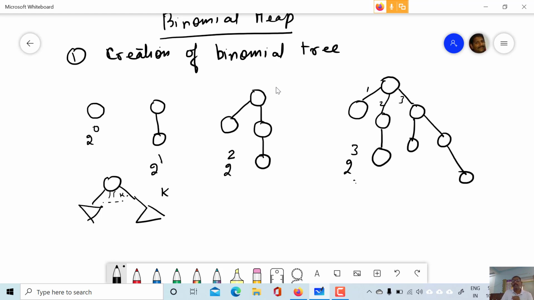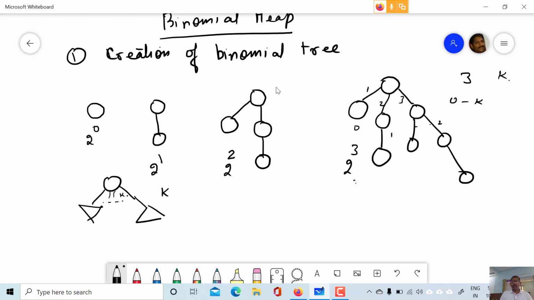Just like here, in this case, the degree of the binomial tree was 3 and the degree of this child was 0, for this child was 1, for this child was 2, and therefore its degree is varying from 0 to 2, that means 0 to k minus 1 if k is the degree.